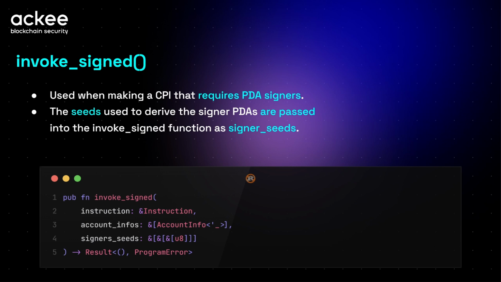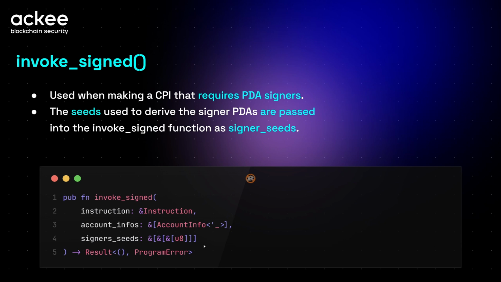And this is really important because, as I was saying about PDAs, for the derivation of a PDA you have three parts: the optional seeds, the bump, and the program ID. It is important that the program ID is here because when you call invoke signed, the runtime automatically includes the currently invoking program ID to the signer seeds.